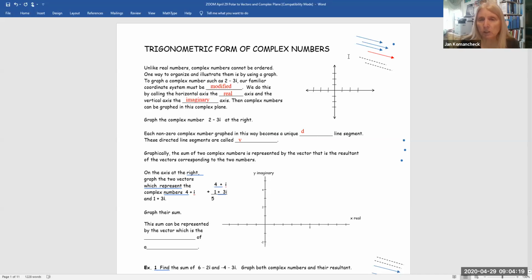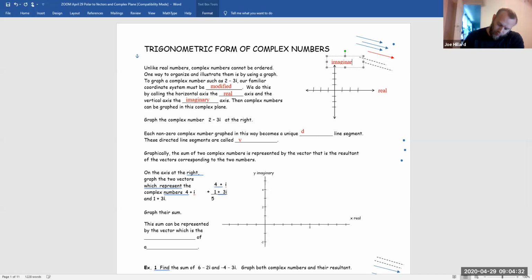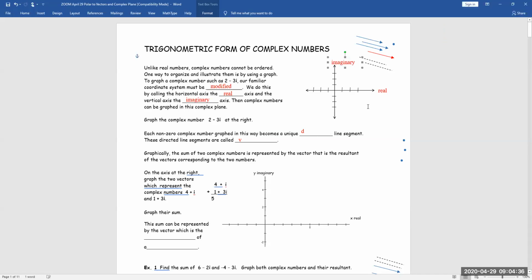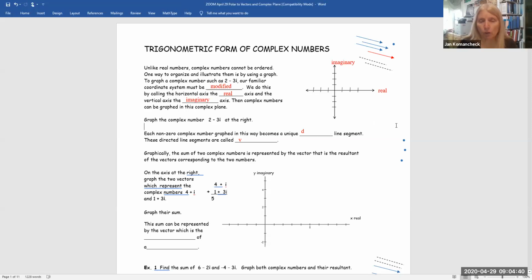So if I ask you to graph the complex number 2 minus 3i at the right, one of the first things you have to do, because this looks like an xy plane, is say this is my real axis, and up here, this is my imaginary axis. In looking at how I want to graph 2 minus 3i, 2 is the real part of this complex number.